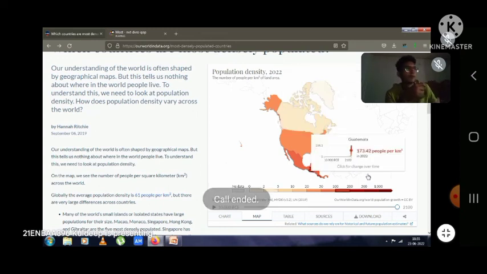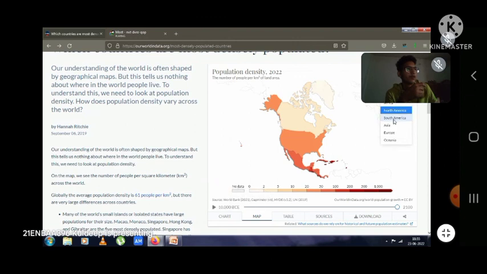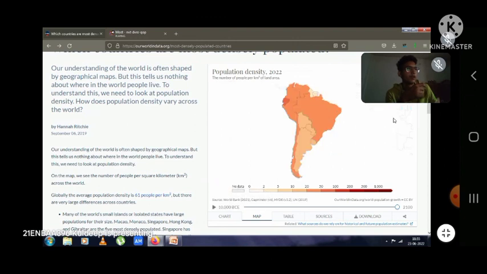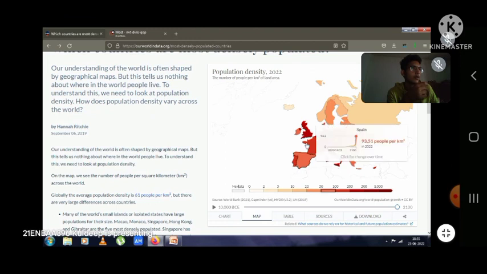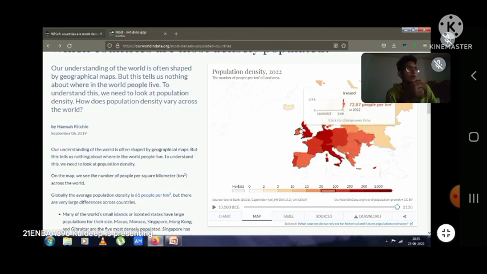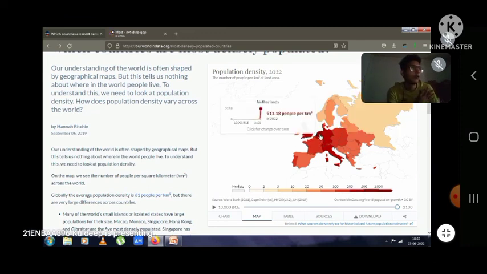Now, if you look at South America, Ecuador has 72, Brazil 25. Let's see Europe. In Europe, you can see Ireland has 72, and the UK has 283 population density. Netherlands has 511 population density.